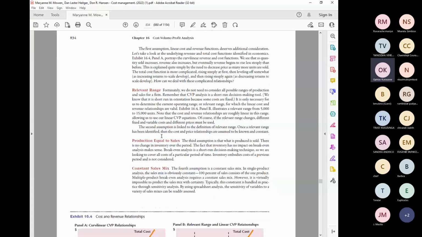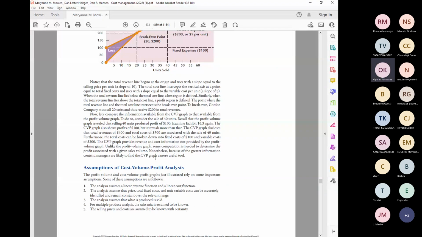Then you should understand again the assumptions of cost volume profit analysis. What are those assumptions? The analysis assumes a linear revenue function and a linear cost function. We don't have a curvilinear, but a linear function, whereby the variable costs increase with the level of output.